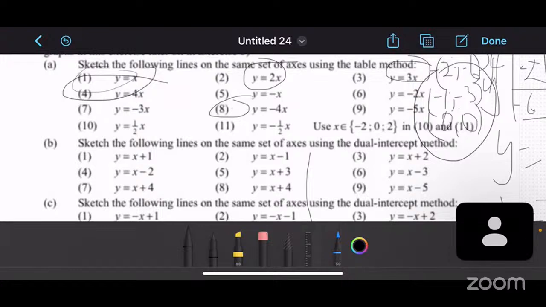How are we supposed to know that this is line graph y is equal to -4x? So you have to make sure at all times you show that it's a line graph for y is equal to whatever you have been given. All right.